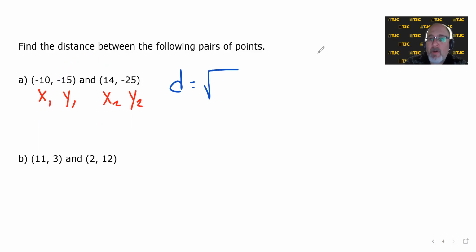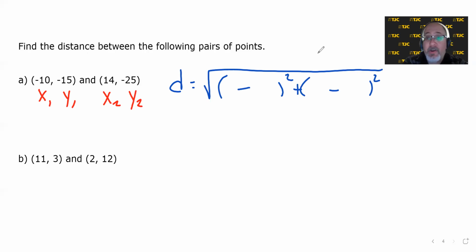Distance is equal to the square root of the sum of the squares of the differences of the x coordinates and y coordinates. Just saying those words can really help you set up the distance formula. And now we just got to drop everything in its place.